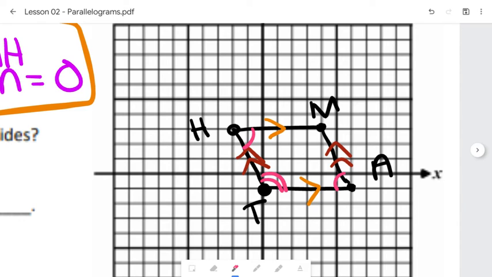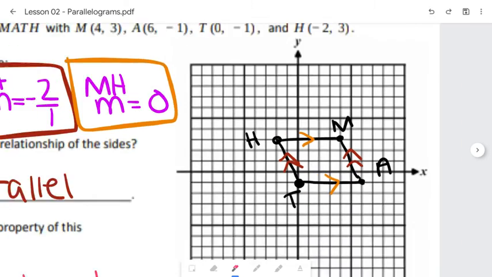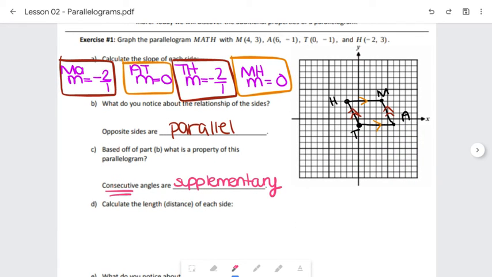I'm sorry, if there's two separate angles that are supplementary with the same angle, then they're going to have to be the same. Like let's say angle T for a second. Let's just say that that was 100 degrees. Then A would have to be 80, and so would H. Okay, and then once we know one of those angles, then we could figure the other angle out. But basically, we know that the opposite angles are also congruent in this case. And we'll look at that a little bit in a second.